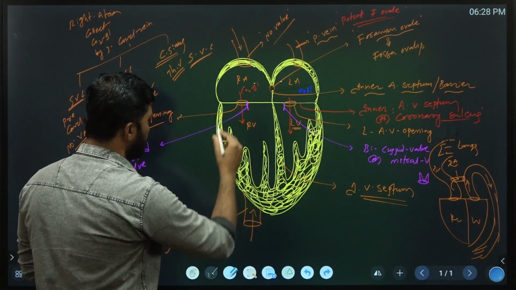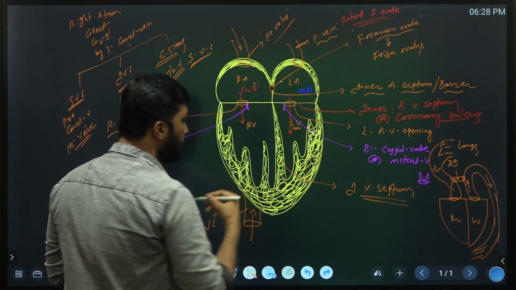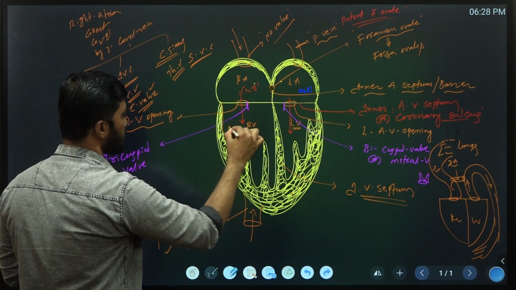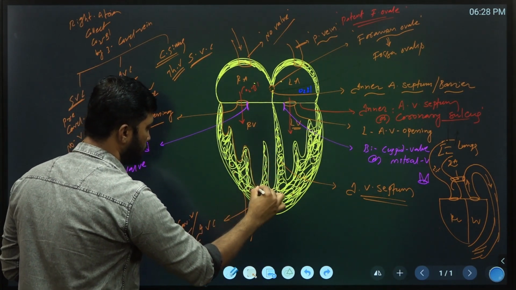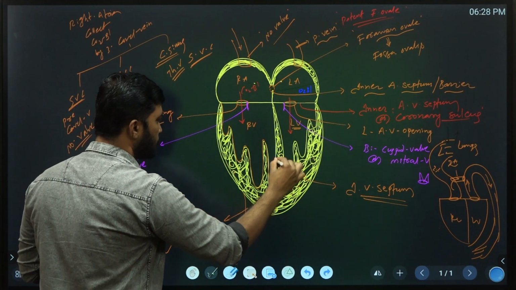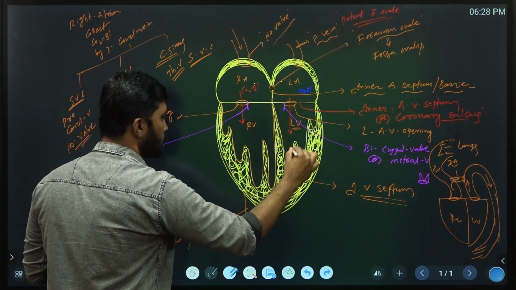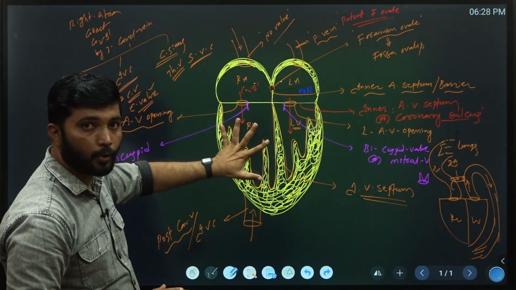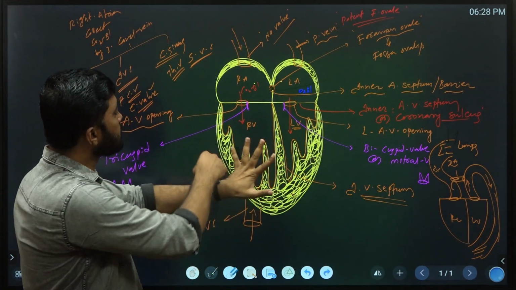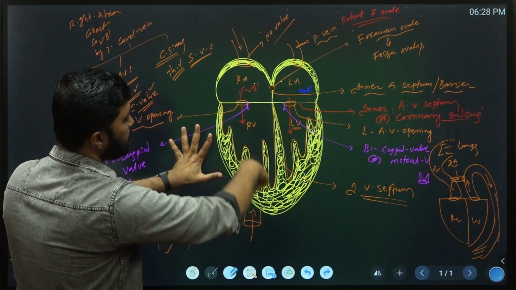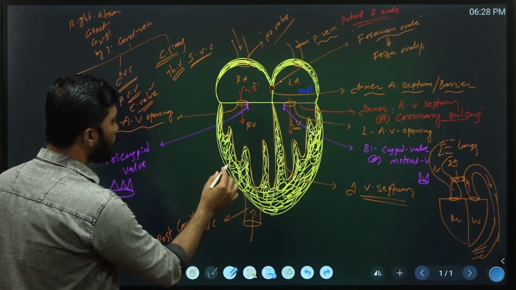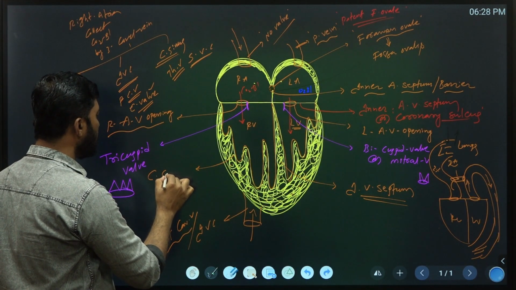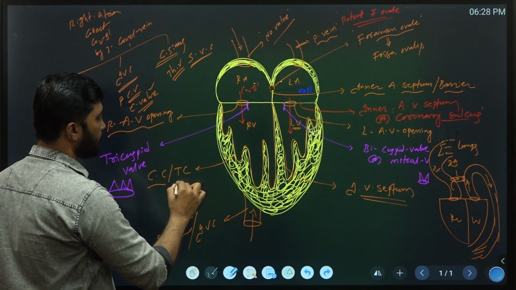Next, the wall of ventricles contains projections. These are the muscular, finger-like projections, very important, called columnae carneae or trabeculae carneae.